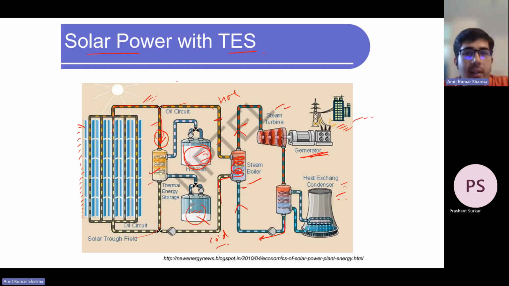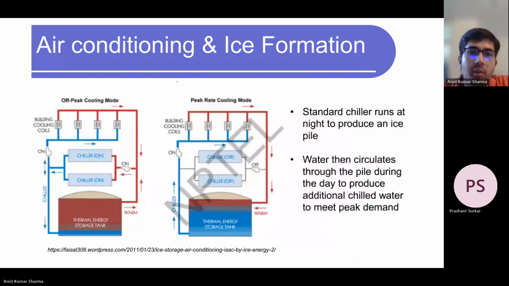Another one is air conditioning and ice formation. Standard chillers run at night to produce an ice pile, and water circulates through the pile during the day to produce additional chilled water to meet peak demand. You can see we have some chillers supplying chilled water in office spaces, colleges and large buildings.